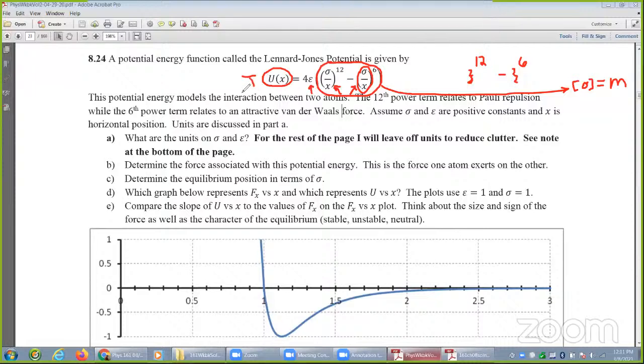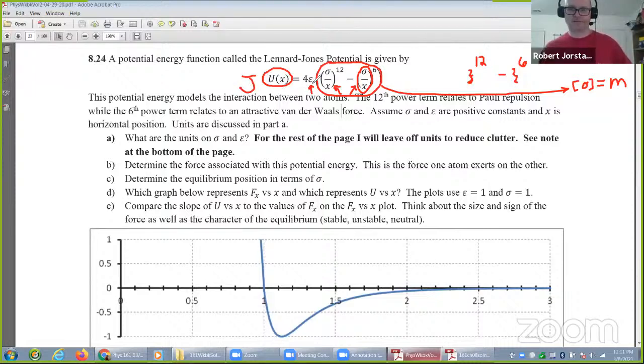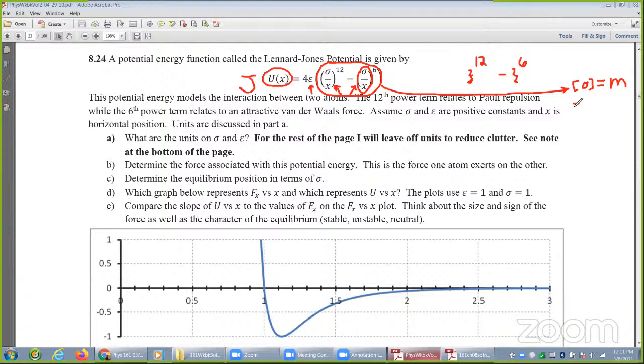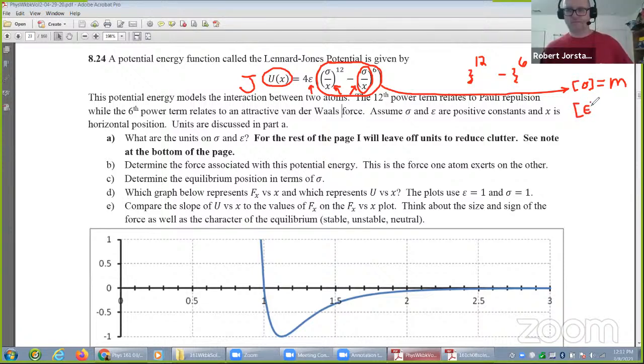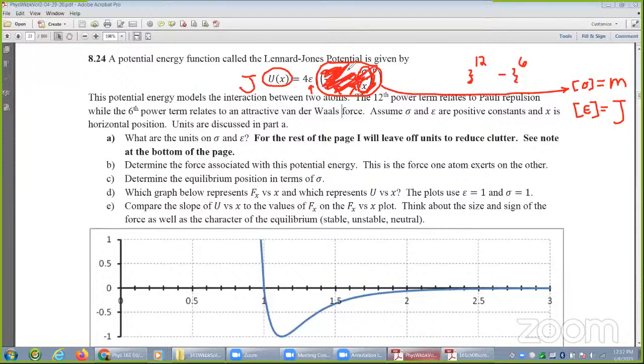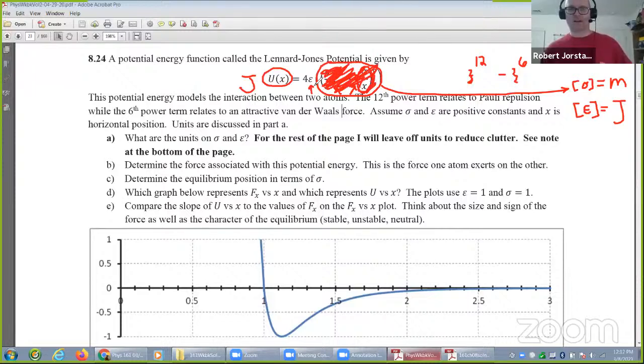So what are the units on epsilon? So joules times meters? Nope. Just joules. Look inside. Sigma over X has no units. So everything inside of here has no units. So there's nothing there. So epsilon has to have the same units as U. And it looks like an E.